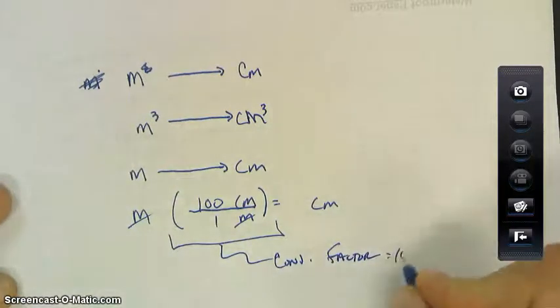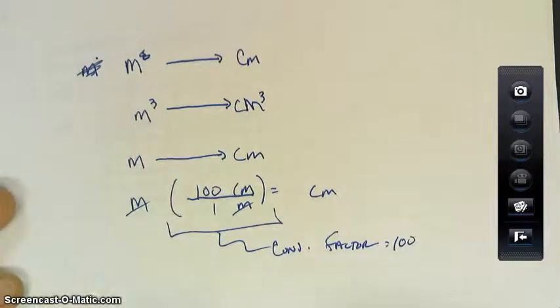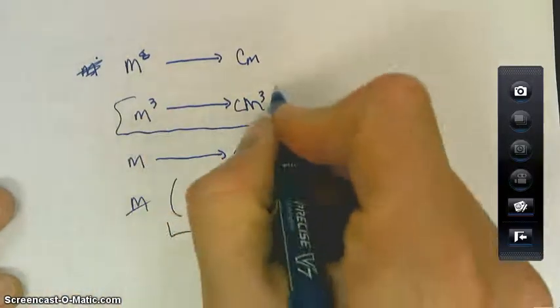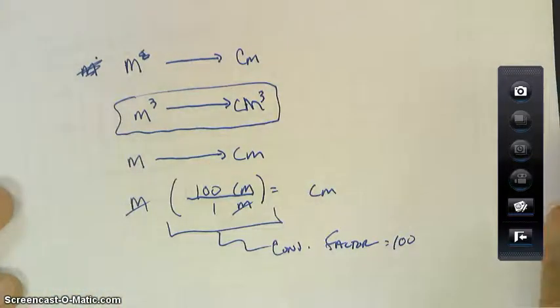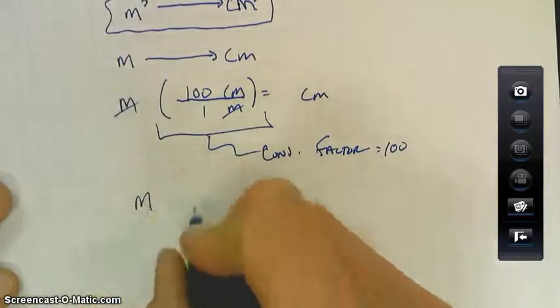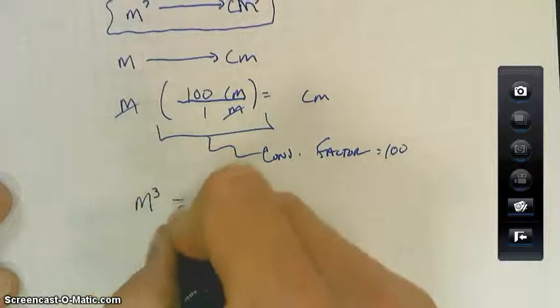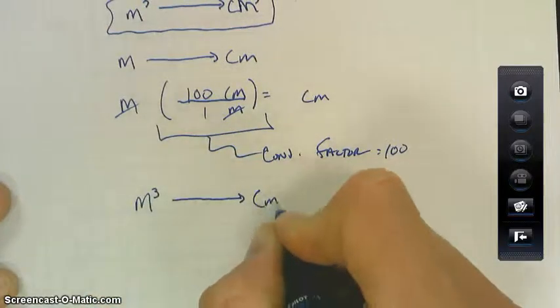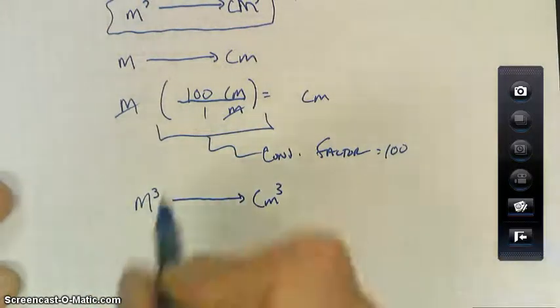It ends up being 100. But like I said before, what if I want to do that? I just cube it, right? Sort of. Here it is. If I'm going from meters cubed to centimeters cubed, I need to cube my conversion factor.